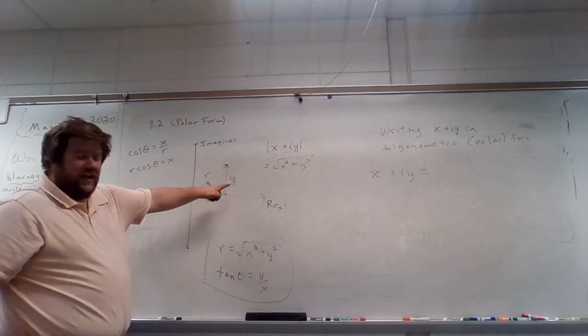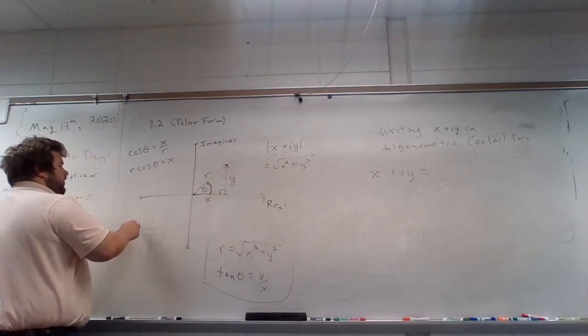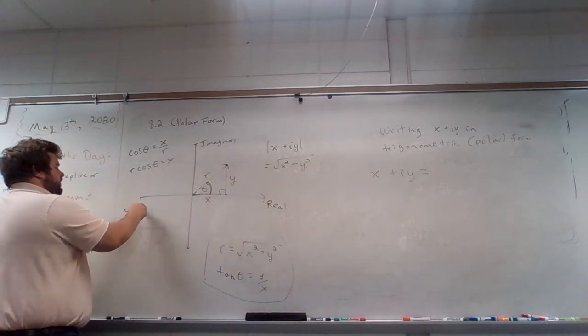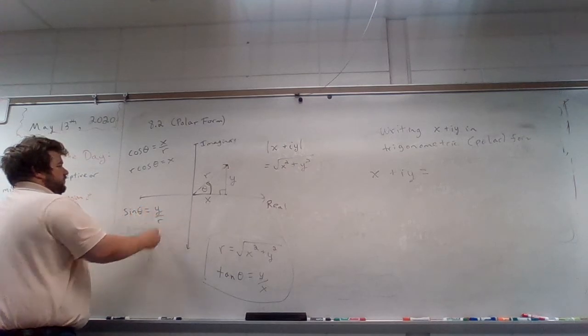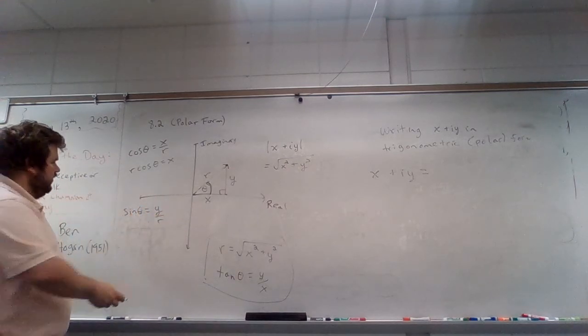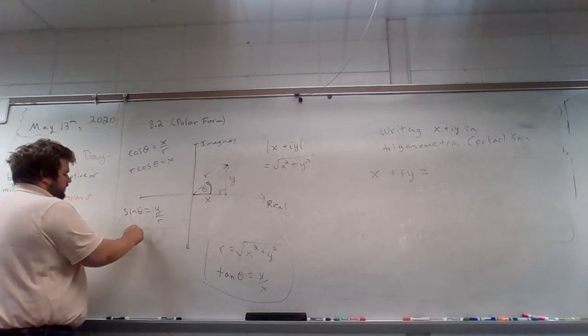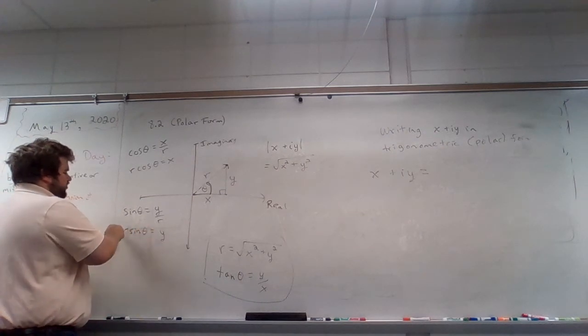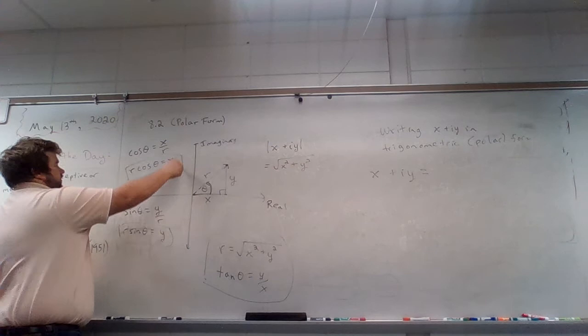To find y, right, I know that the sine of theta is y over r. Hopefully you agree with those. So y is r sine theta. So these are two other really important equations.